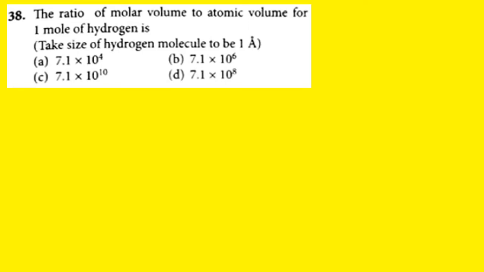So the molar volume of hydrogen is 22.4 liter. Again you have to memorize this also, children. For converting liter to meter cube, you need to multiply by 10 power minus 3. Now the size of a hydrogen molecule is 1 angstrom. It is given. The size means the diameter, so we need only the radius.